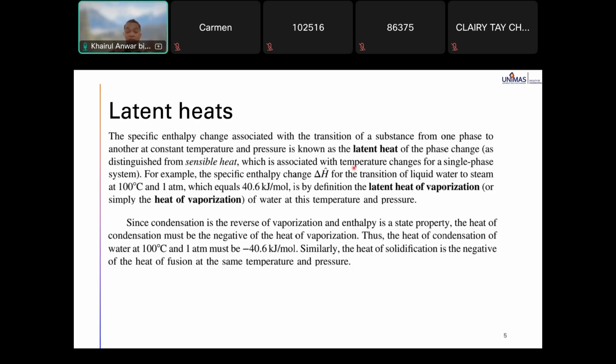Refer to table B1. Since condensation is the reverse of vaporization, and enthalpy is a state property, the heat of condensation must be the negative of the heat of vaporization.